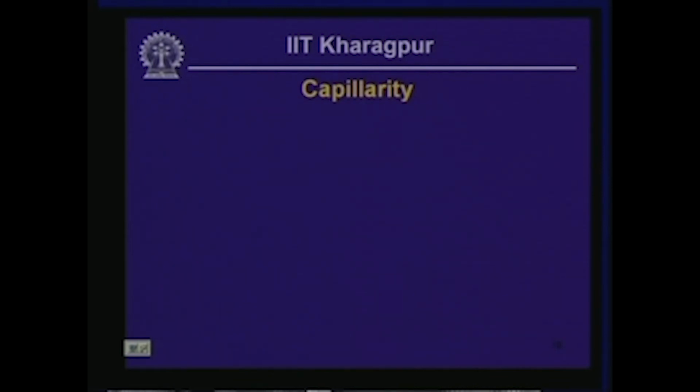Okay. Now another concept which we have already looked at informally, and that is the concept of capillary rise. So what is meant by capillarity is explained in this particular slide.